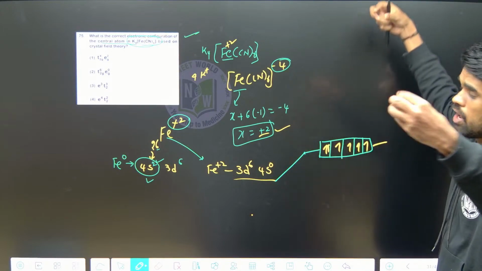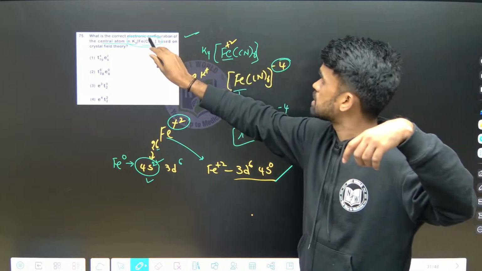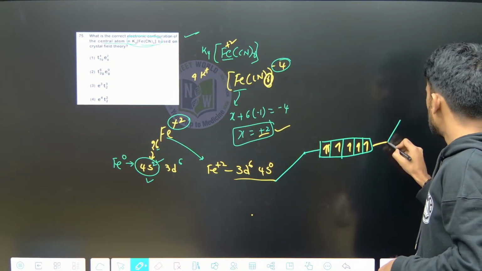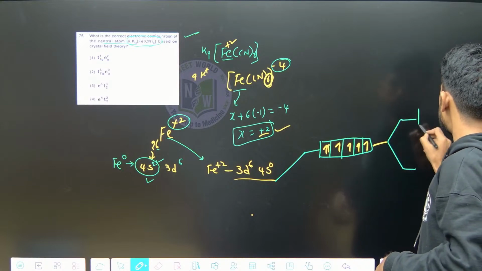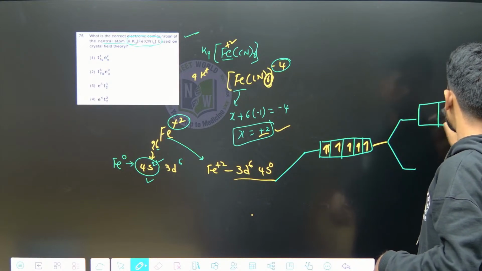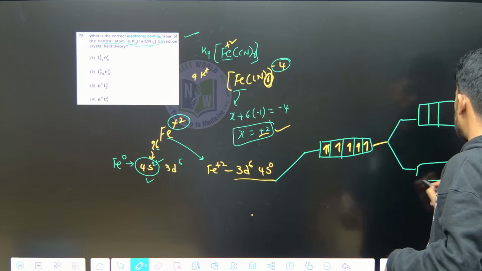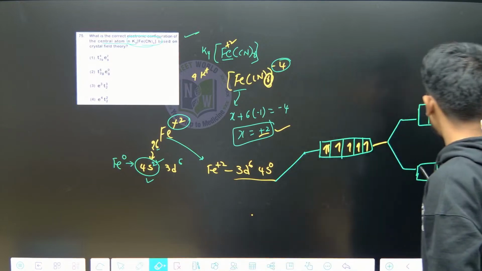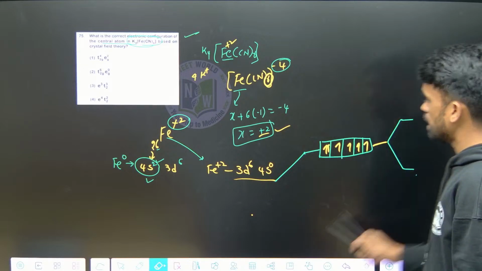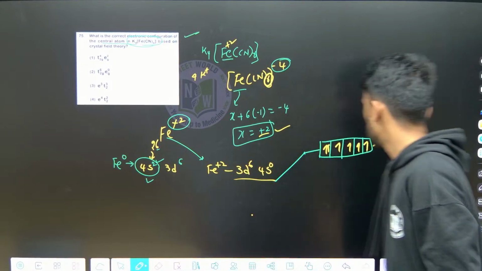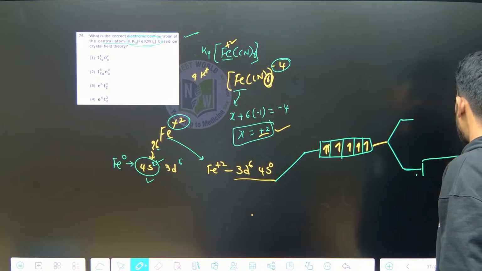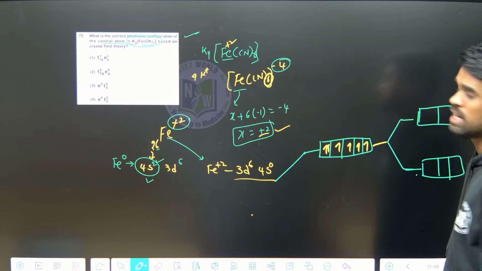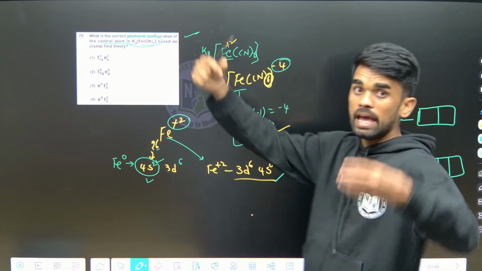Since 6 ligands are there, I can say it is an octahedral complex. In this case, the d orbitals will be split into 2 energy levels, the t2g energy level and the eg energy level. The orbitals which are in between the axes are in the lower energy, and the orbitals which are along the axes are higher.